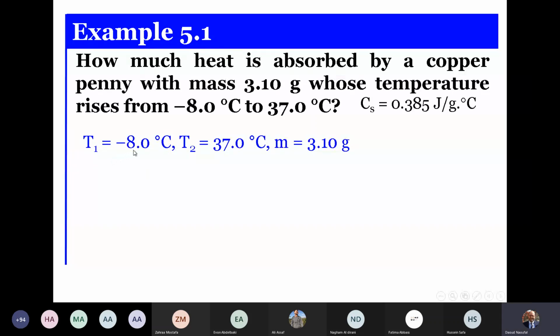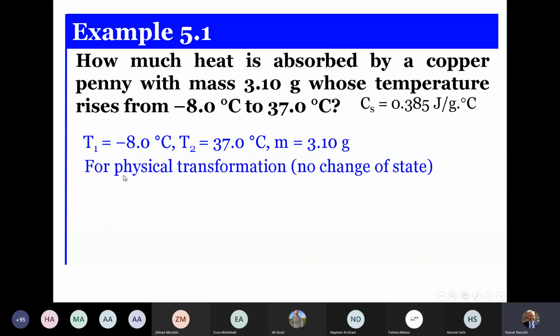Initially the temperature is -8, the final temperature is 37, and the mass equals 3.10 grams. For this physical transformation, with no change of state, I have copper solid at -8 that is transformed to copper solid at 37 degrees. So the copper did not change its state.